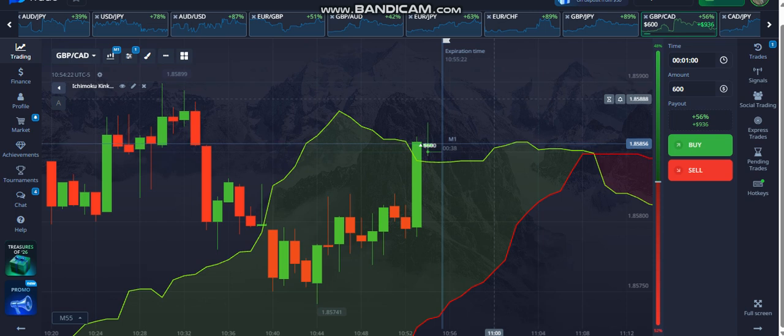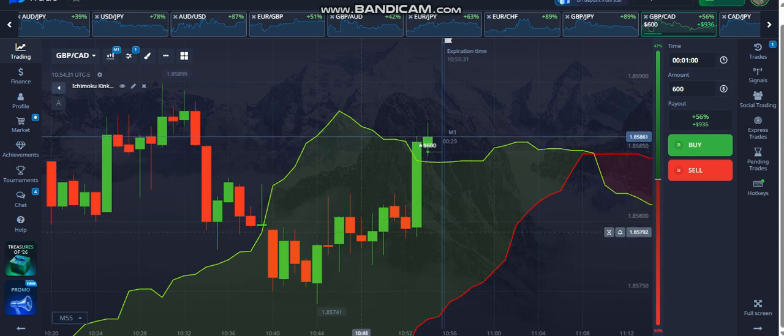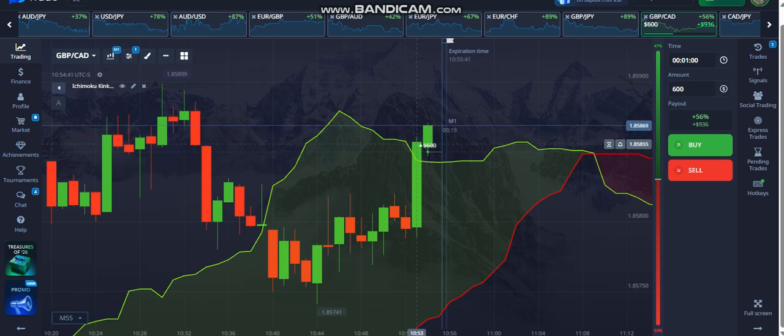Okay, so I'm back on the Great British Pound Canadian dollar. And so what we're looking for, as mentioned previously, is that we wait for the price to enter the cloud here, right? So the price has entered the cloud, and it's within the cloud between the green and the red bands. And what we wait for is for the price to pop outside and close outside the cloud.